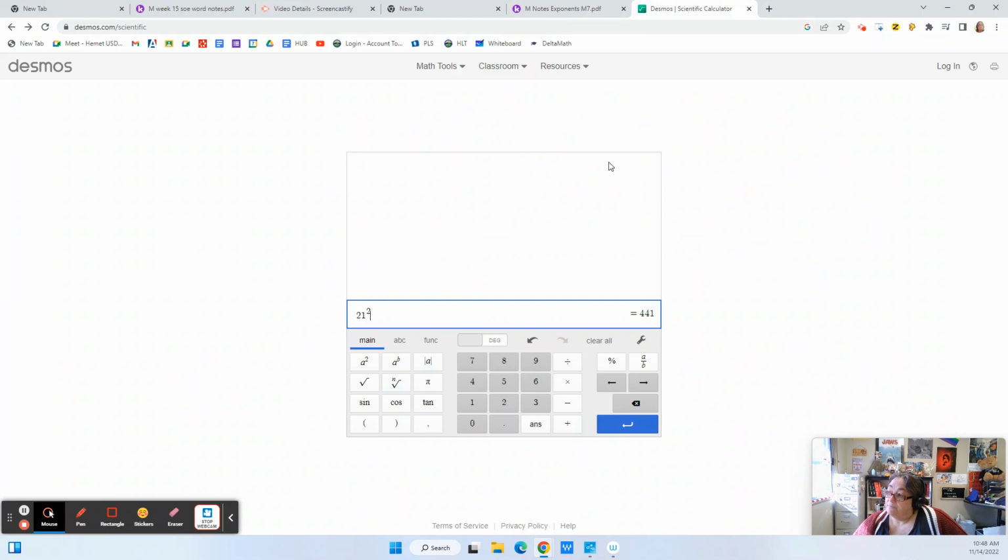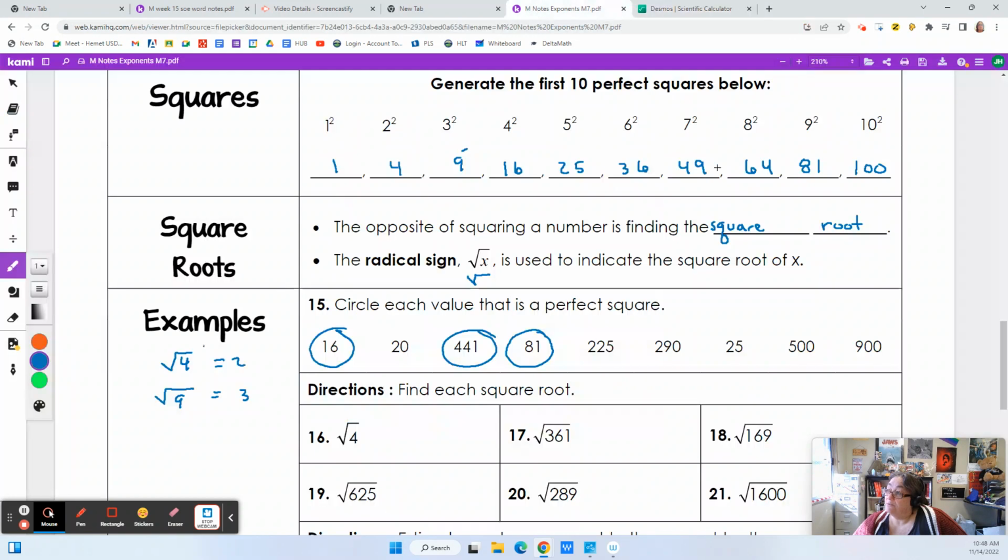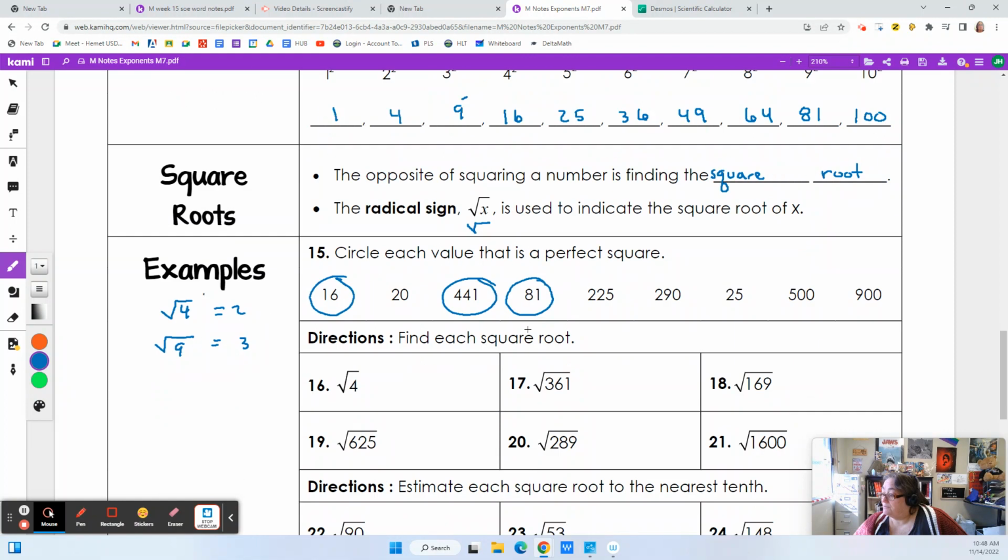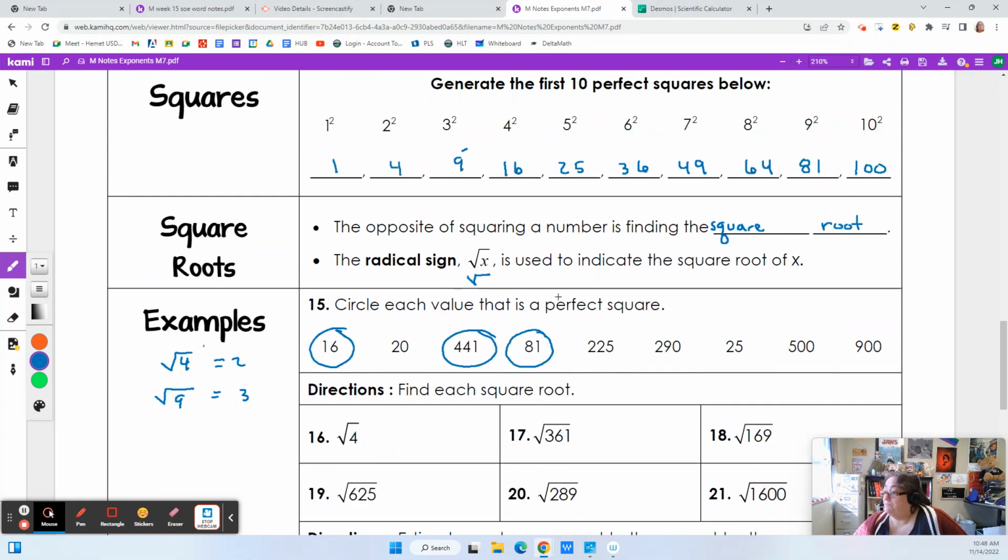I think that it is a perfect square. What do we know? What's the last perfect square that we know? We know that 10 squared is 100. And didn't we just find out that 21 squared is 441?